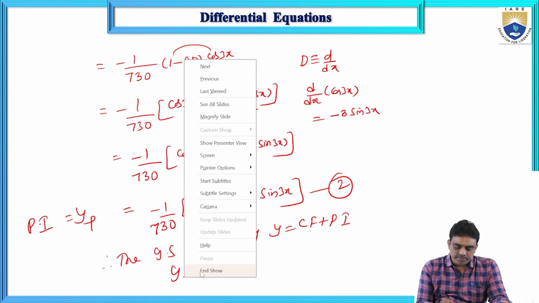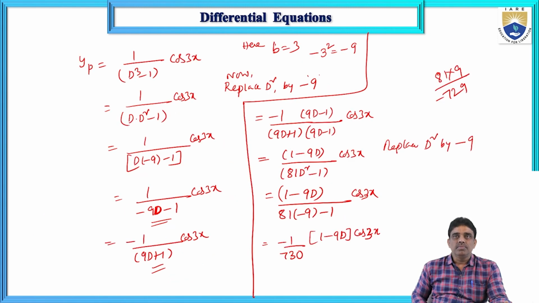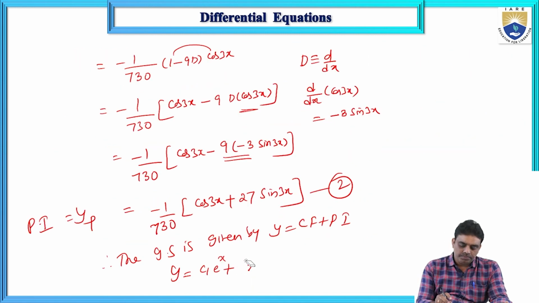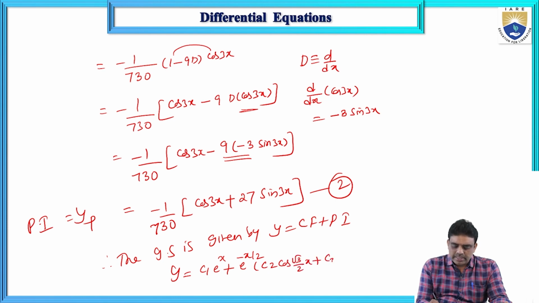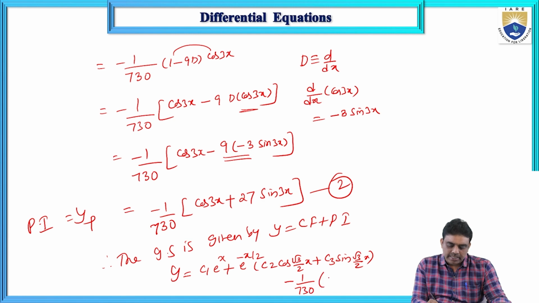Y is equal to C1 e power x plus e power minus x by 2 of C2 cos root 3 by 2 x plus C3 sin root 3 by 2 x, minus 1 by 730 times the particular integral, cos 3x plus 27 sin 3x.